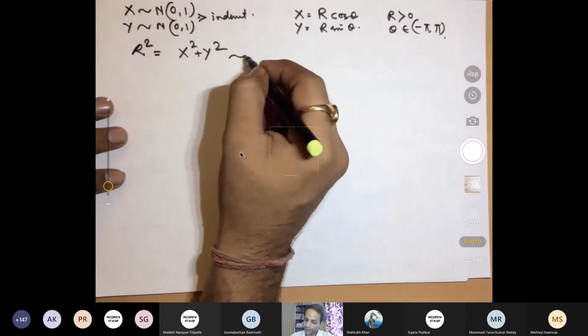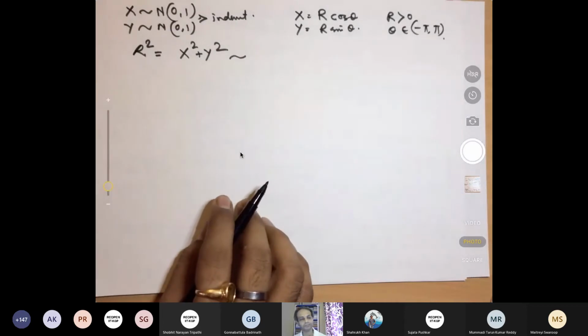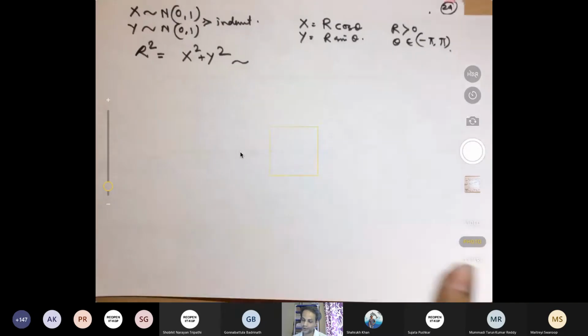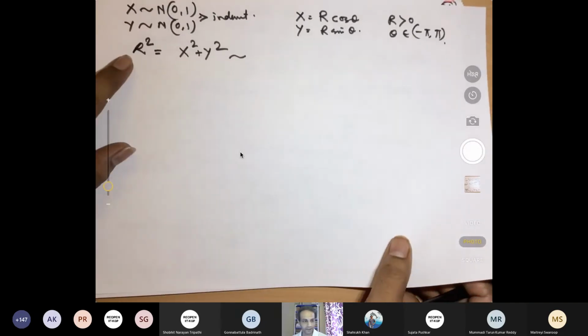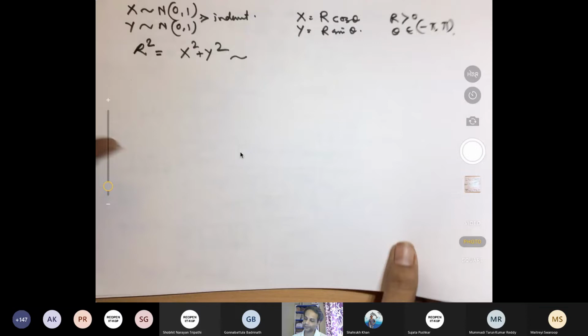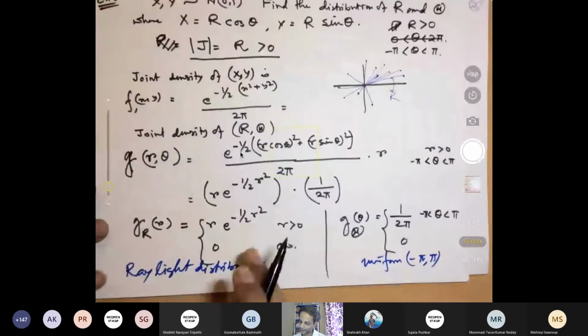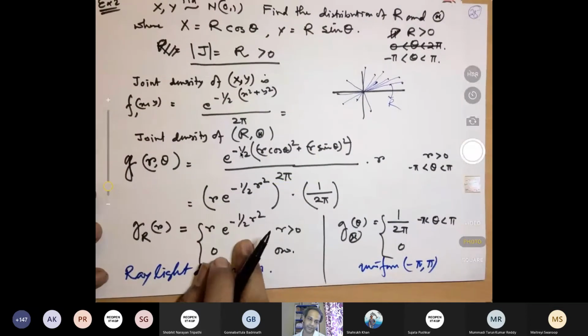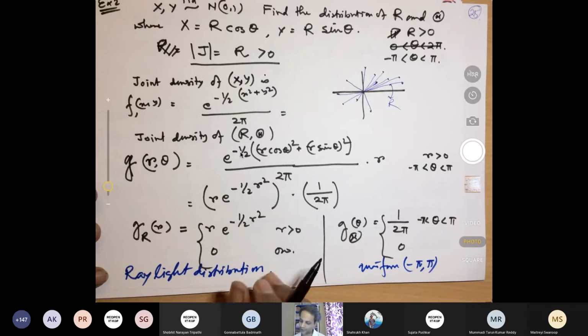Now can you tell me what is the distribution of r square? You have two choices. Either you can get it from the definition here, or you can make a transformation from this distribution to r square. You can say z equals r square.